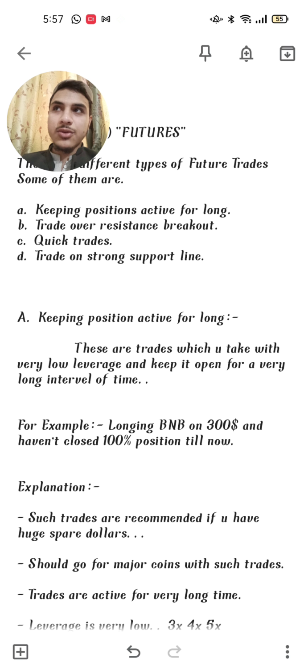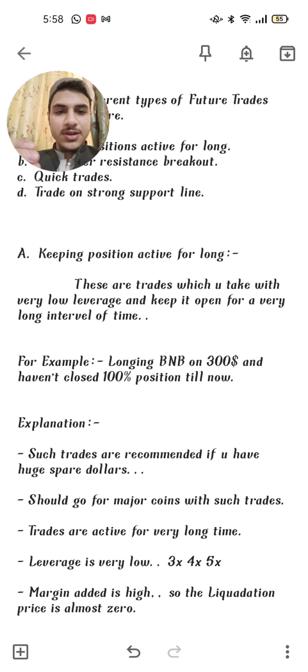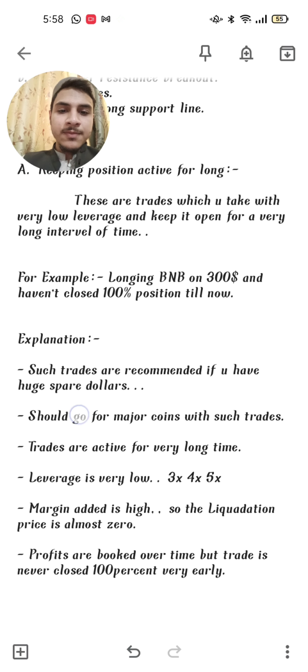For example, you longed BNB from $300 a few weeks back, and till now you haven't closed 100% of your position. You kept on booking profits, but you haven't closed 100% of your position. But while you were about to long the BNB, you longed it only 2x or 3x or 4x maximum. So this is how the keeping position active for long trade works.